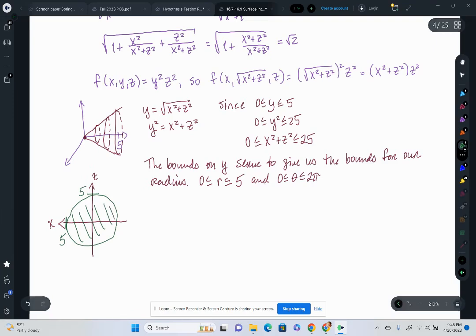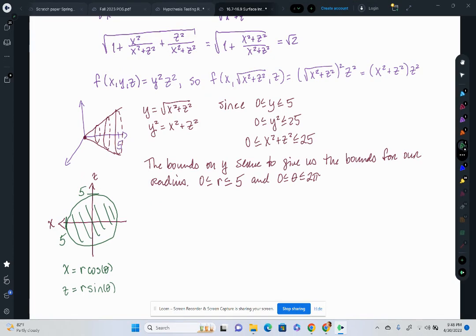And so on this circle, we can define x to equal r cosine of theta, and z to equal r sine of theta. Okay, so now we have replacements for stuff in our integrand as well.